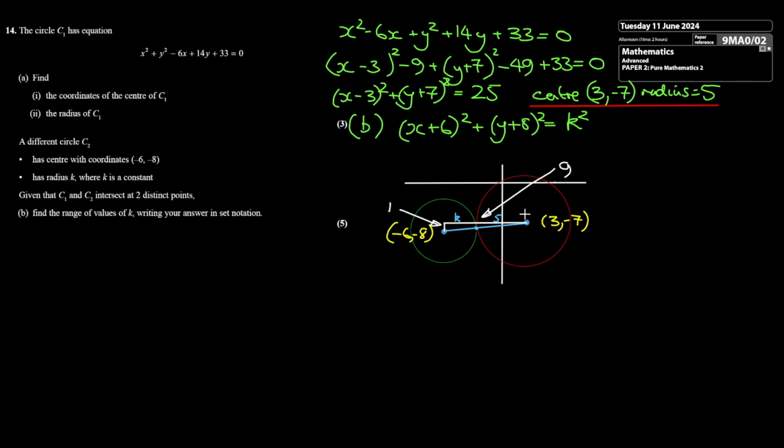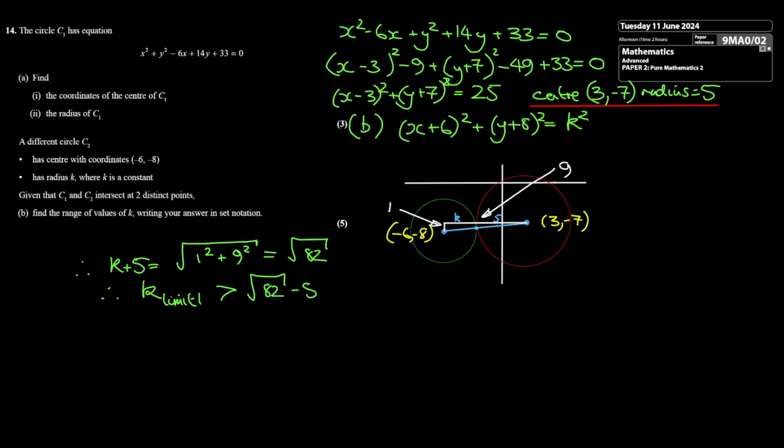This will be 9. The hypotenuse is k plus 5. So I can say that k plus 5 is equal to the square root of 1 squared plus 9 squared, which is equal to the square root of 82. So the limit of k to start with must be greater than root 82 minus 5.